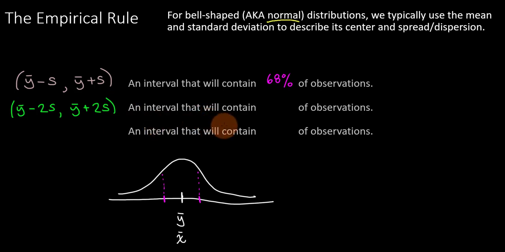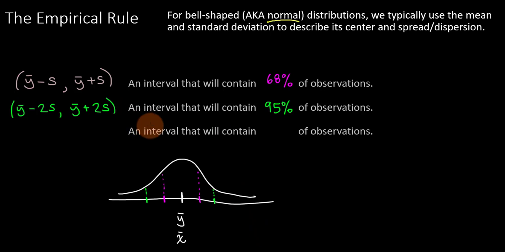Then this is an interval that should contain about, let's think about it, that's going to be a little bit further down and a bit further up from the previous pink marks. So that's going to be a larger proportion of all values. And it gets pretty tall there, 95% of observations.